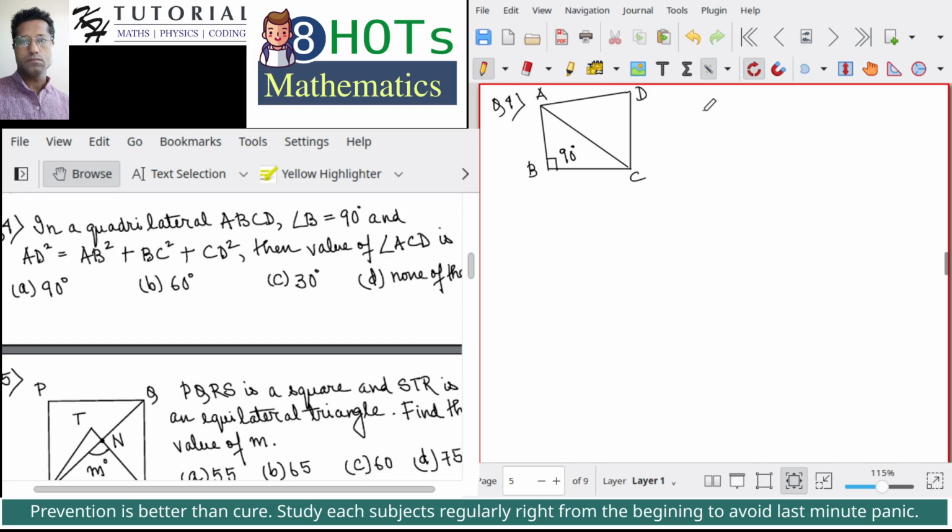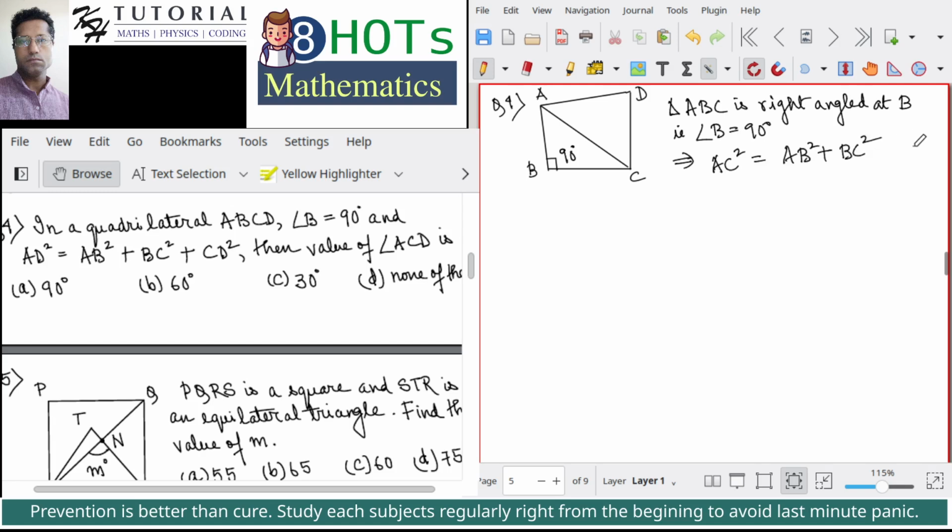So when we connect the diagonal AC, we have triangle ABC right angled at B. That is, B is equal to 90 degrees. This implies, applying Pythagoras theorem, that AC square, which is the hypotenuse, will be equal to AB square plus BC square.